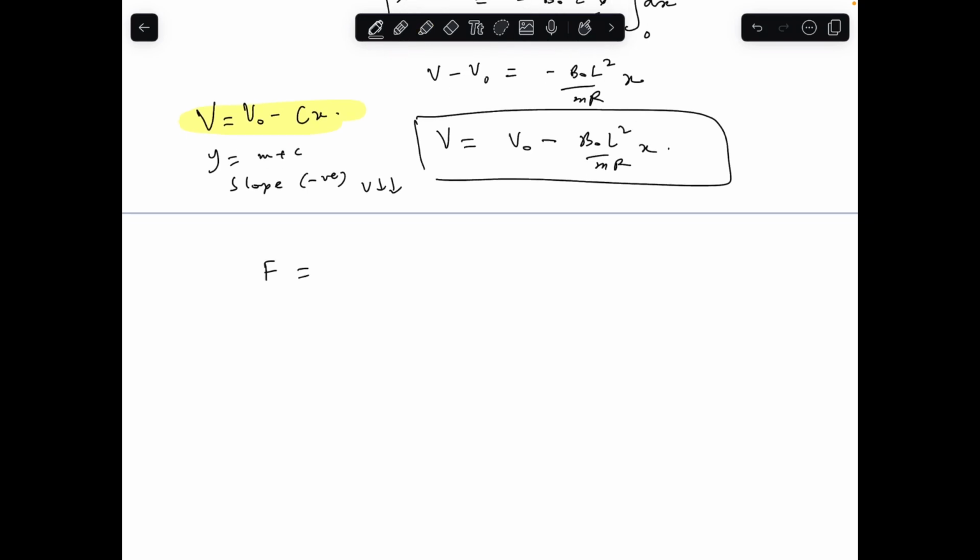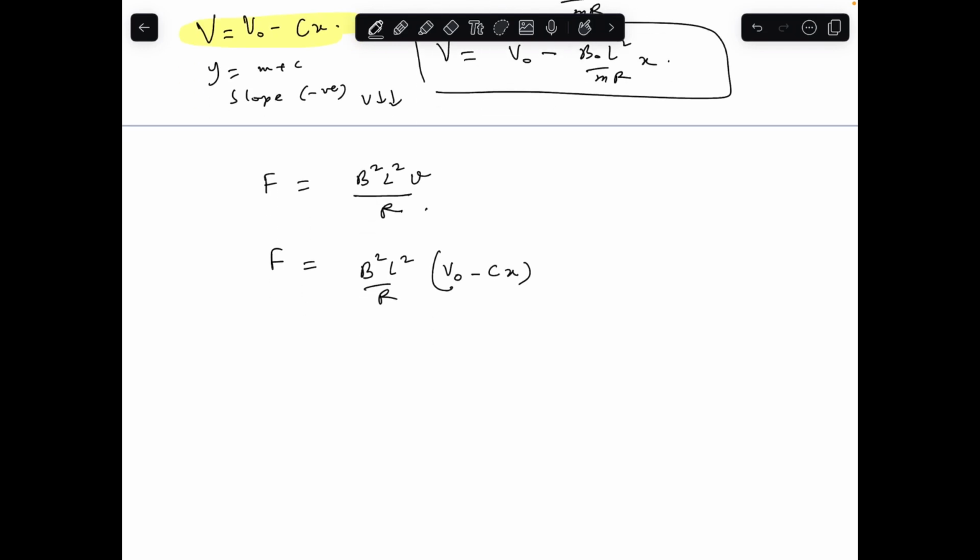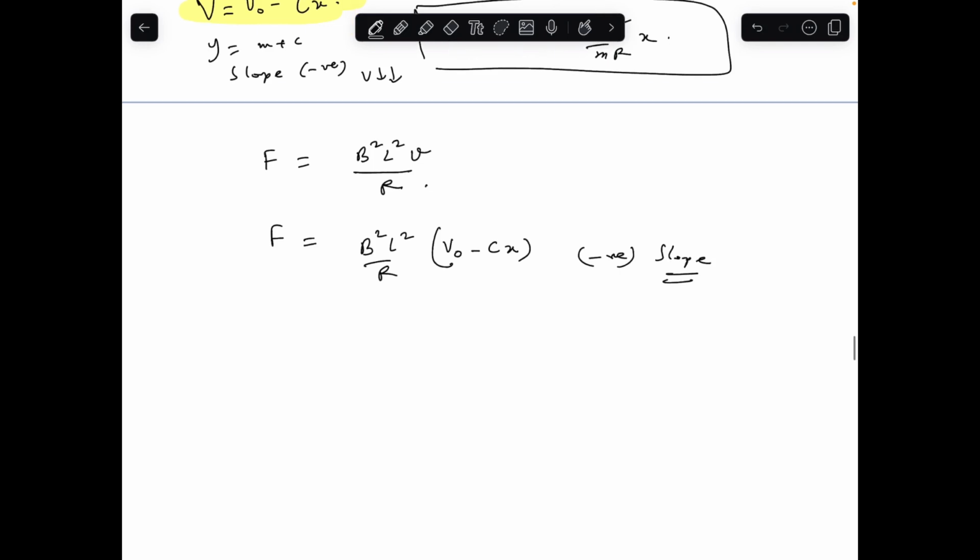What is the force? Force equals B square L square V by R. So force can be written as B square L square by R times V, and V can be written as V naught minus Cx. So for force also there is a negative slope.